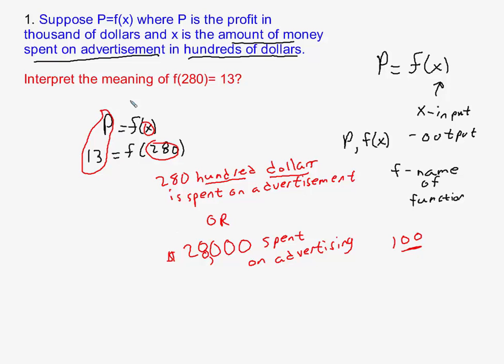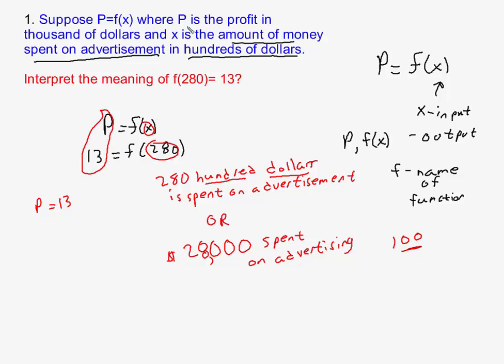So what does p represent? P is the profit in thousands of dollars, and the reason we can say that p is the profit is it was given as an output variable here. So p literally can be 13. It's not the name of the function. The name of the function is f. So in a minute I'm going to do a similar problem where p can't take on the value of 13 as a means to compare the different ways that function notation is used in a math class. For now, it's quite simple.